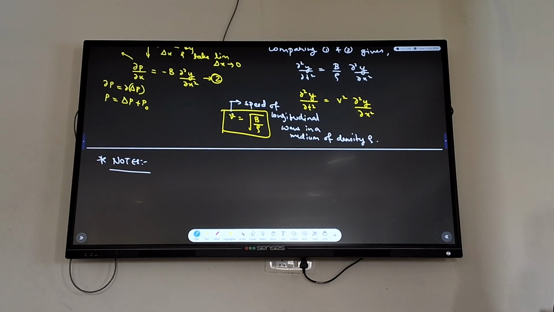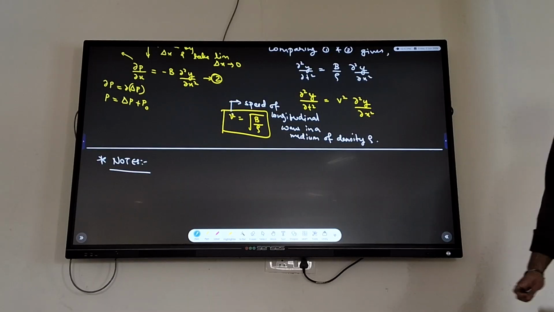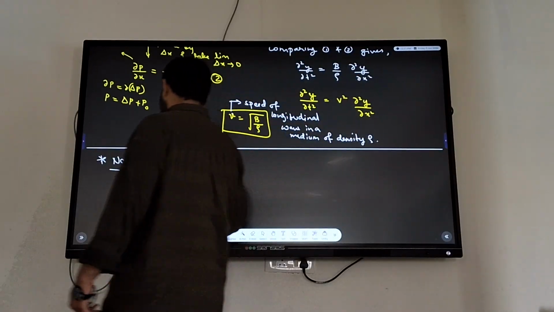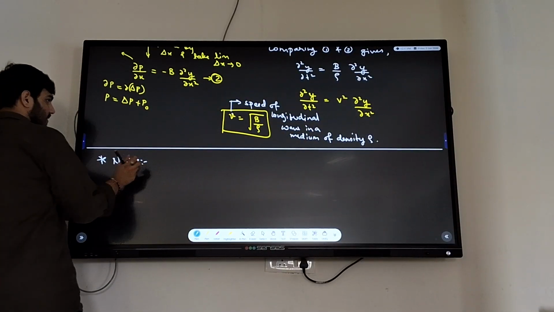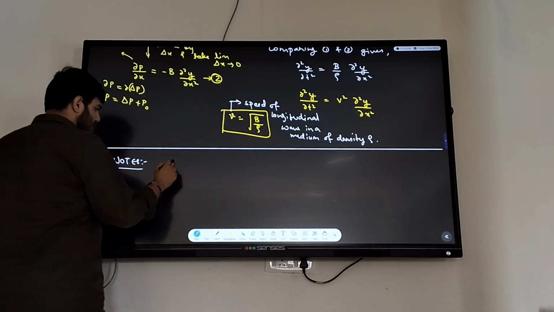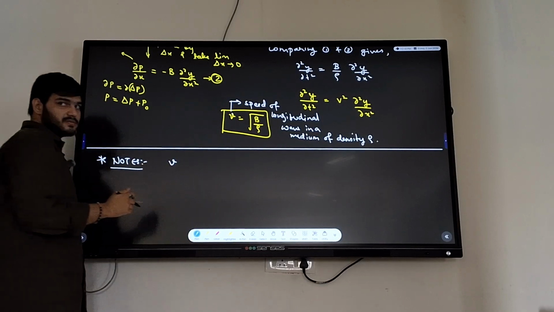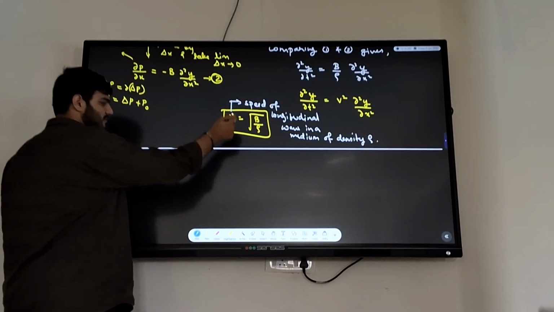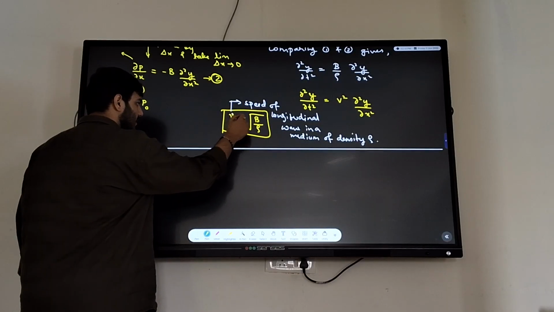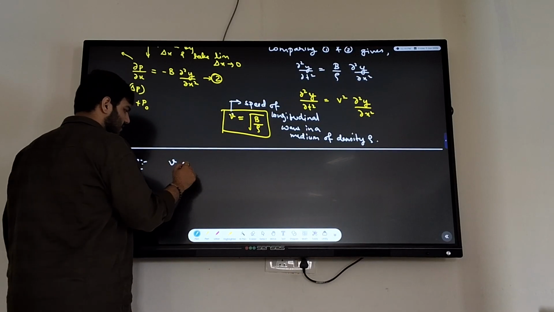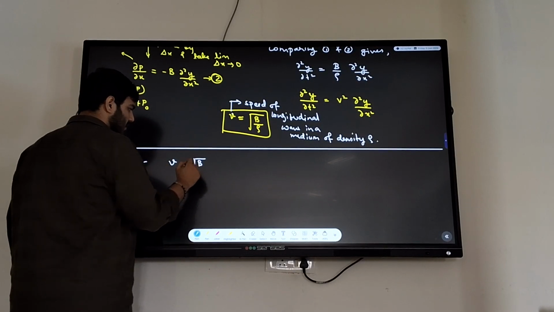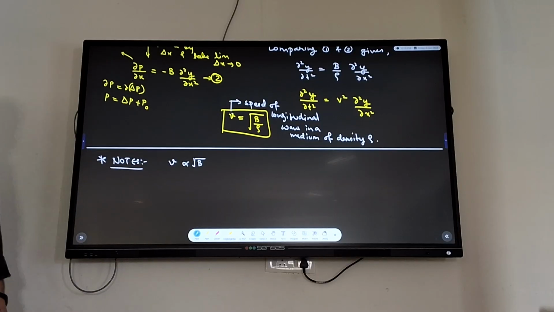Good. Now looking at this formula, let me ask you this: the velocity of a longitudinal wave looks, directly from the formula, as if it depends on the bulk modulus, under root of the bulk modulus.